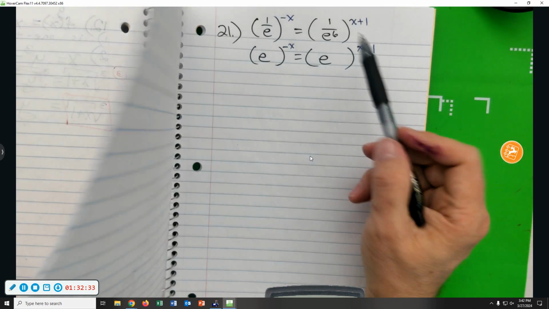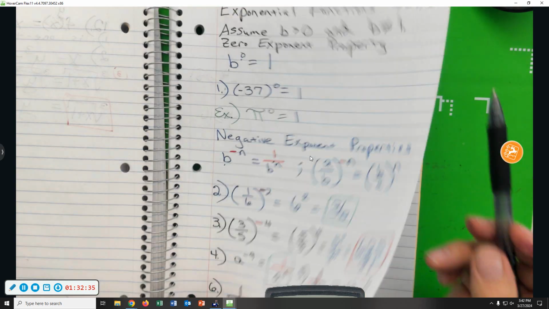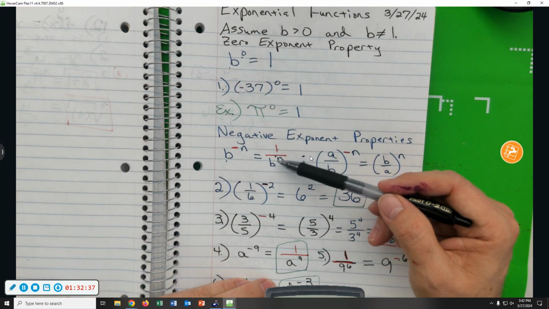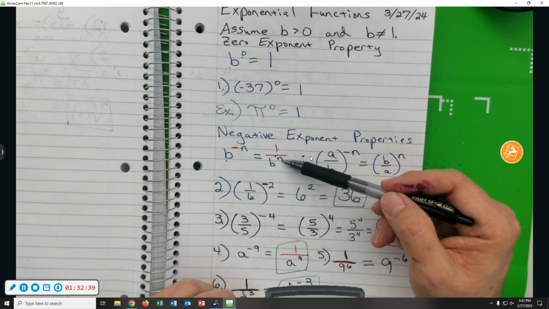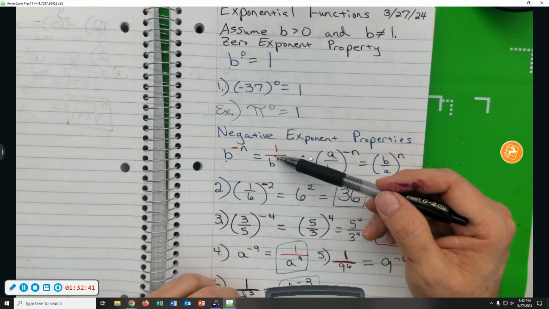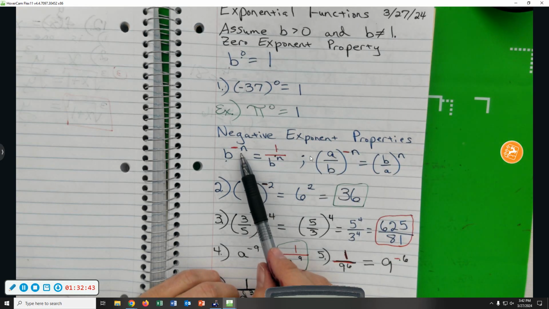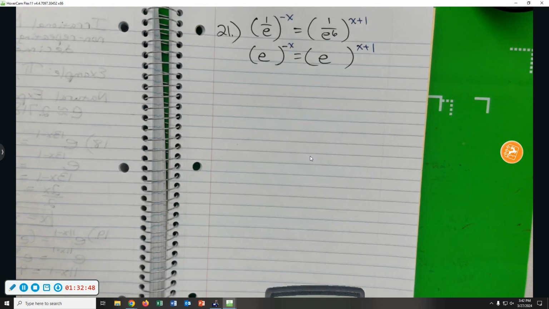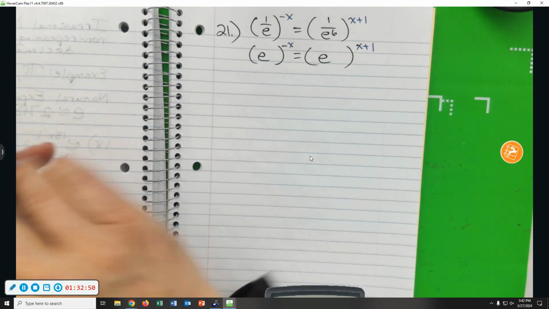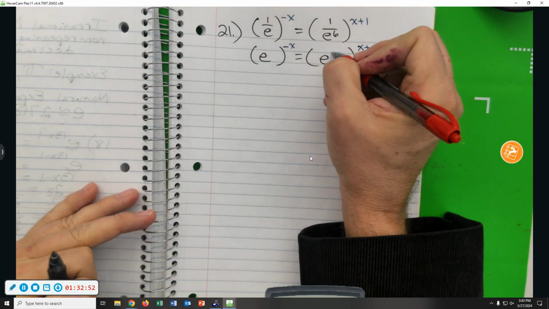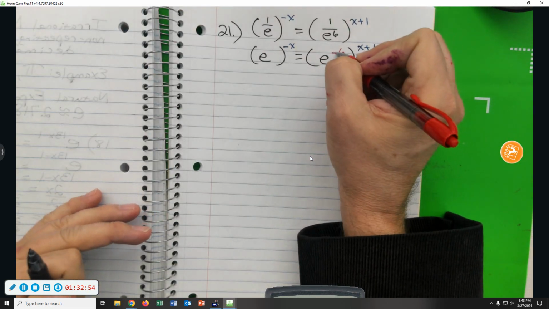Okay, so we have 1 over e to the 6th. We're going backwards. We can drop the 1 over and do what to that exponent 6? Make it a negative. So you'll have an e to the negative 6. Did you follow that logic?